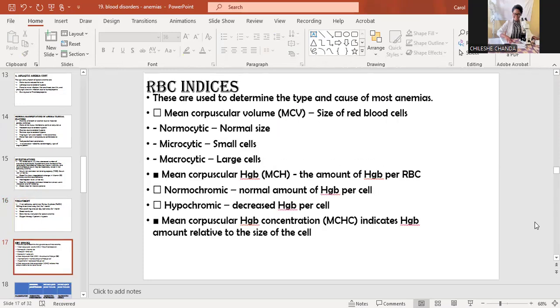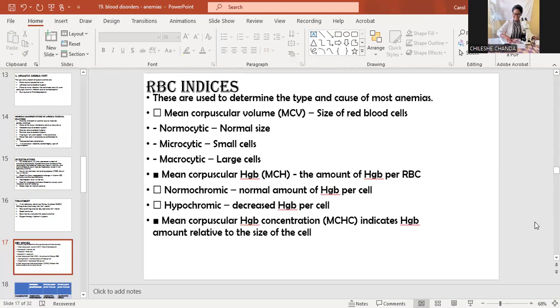And obviously, if you have found that the patient has anemia and has malaria, you're going to give drugs that will treat malaria. If you find that the patient has worms, you're going to give antihelmintics, which are going to kill these worms. So you have to deal with the cause of this anemia.